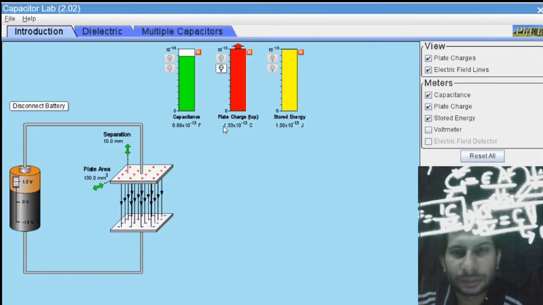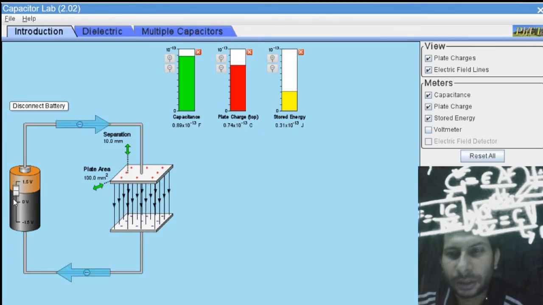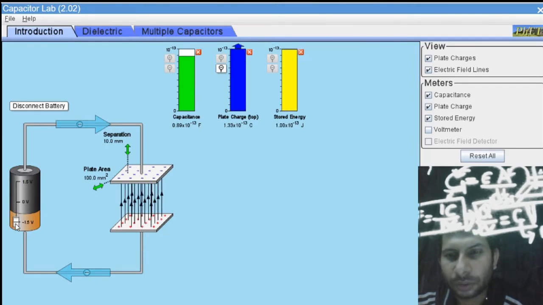Now I change the polarity of voltages. Now the upper plate gets negative charge due to the polarity change, and the bottom plate is now getting positive charge.